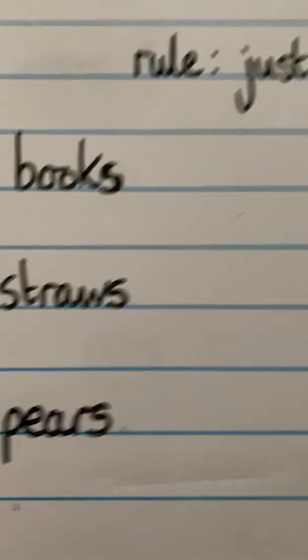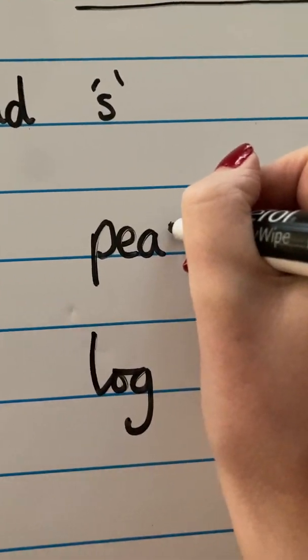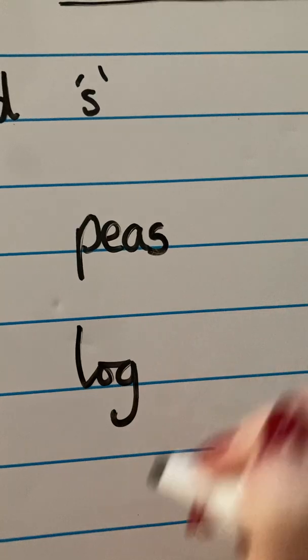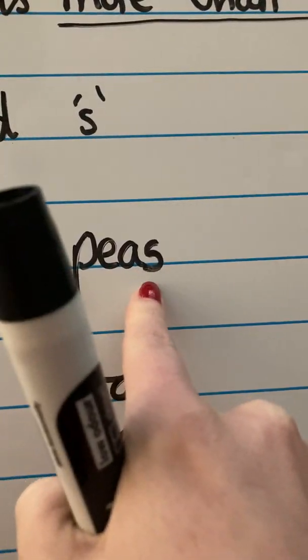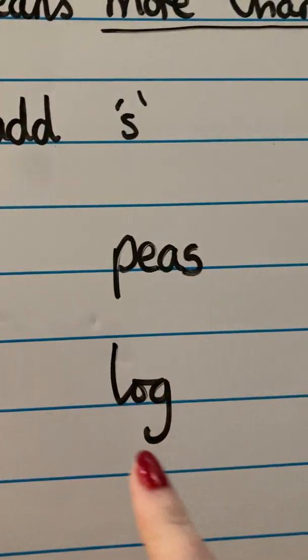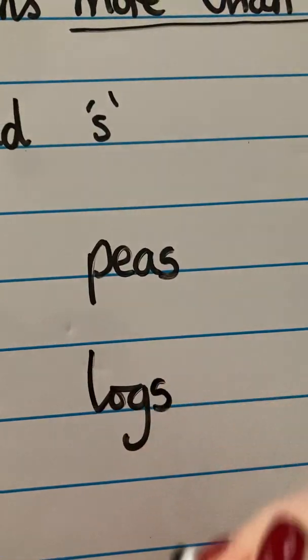I've got more than one. Pea. We just add our S on so it becomes peas. So I had one pea and then somebody gave me another one, so now I've got two peas. And log becomes logs. So it's more than one.